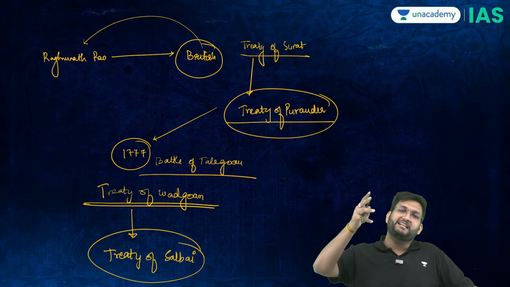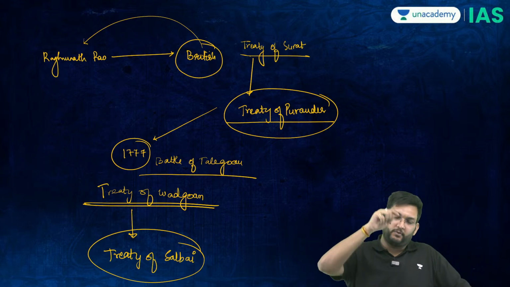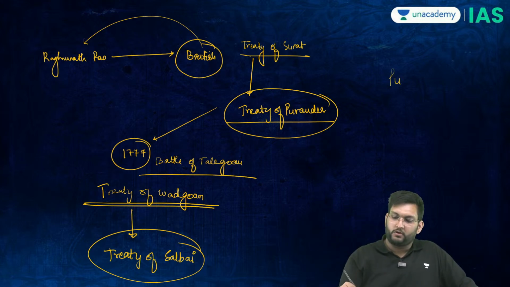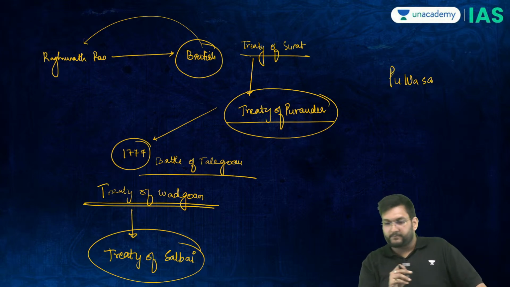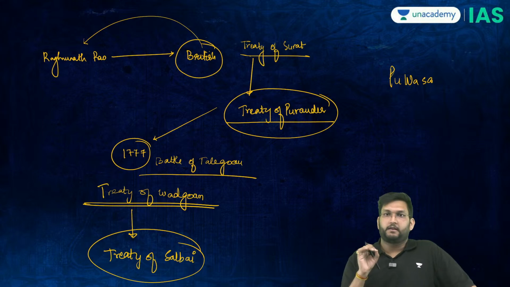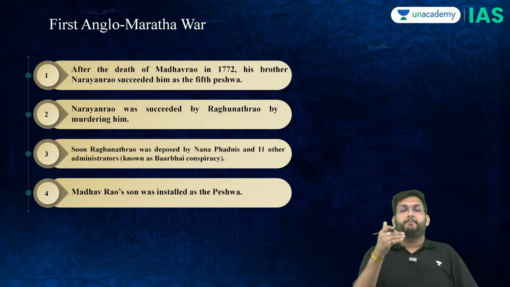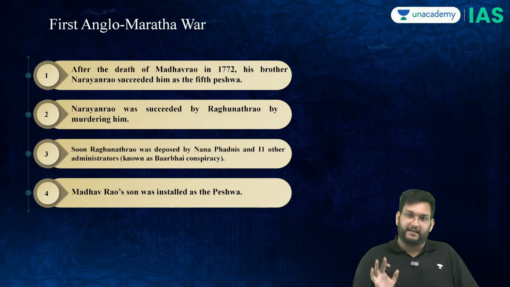And therefore, there are basically three treaties within the First Anglo-Maratha War, which is called Pu-Va-Sa: Purandar, Vadgaon, Salbai. This is the First Anglo-Maratha War. It ends with an understanding that we will be happy to recognize Madhav Rao II.